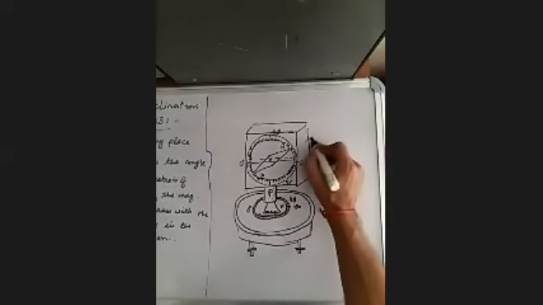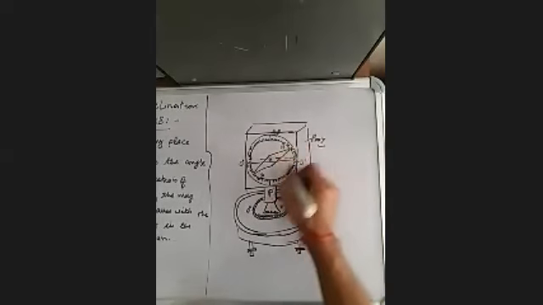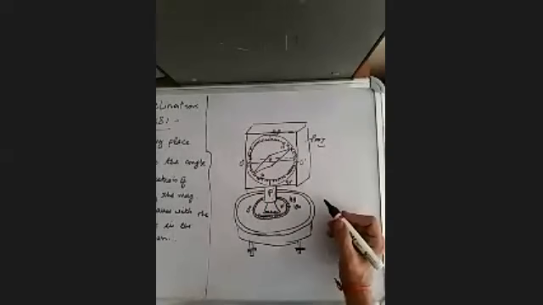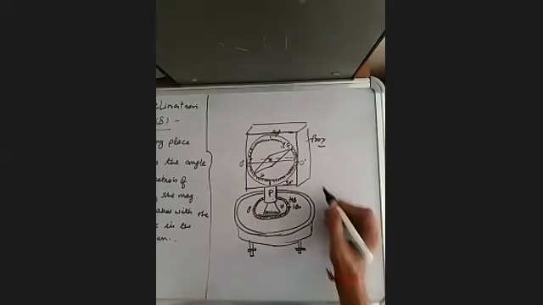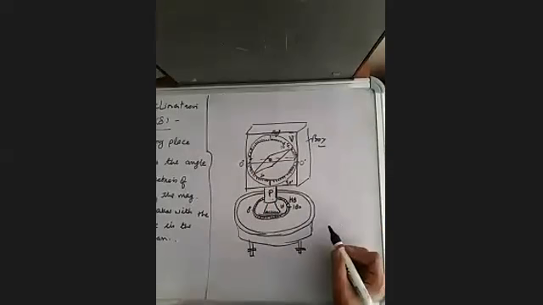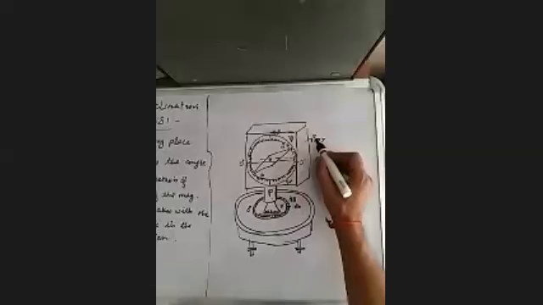So this is a box in which this magnetic needle is mounted. This is V, that is a vertical scale. This is a box in which it is mounted.